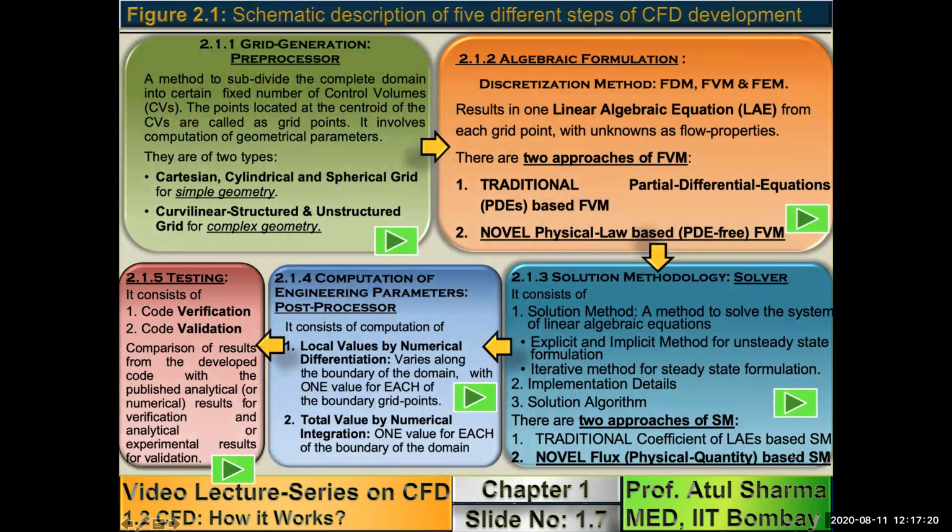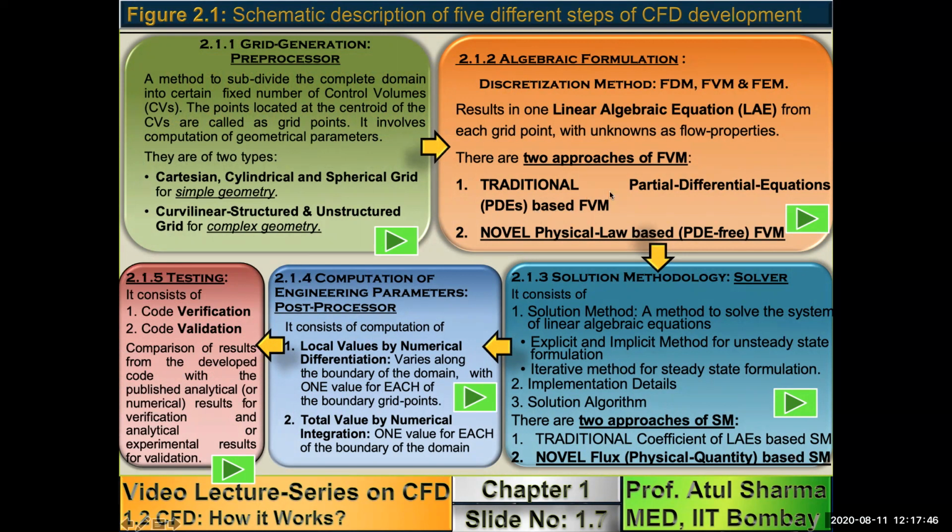The last step of the CFD development, which is the fifth step: note that the grid generation is like a pixel generation, and the algebraic formulation corresponds to obtaining the number of algebraic equations equal to the number of grid points. And this algebraic formulation is like pen and paper work.